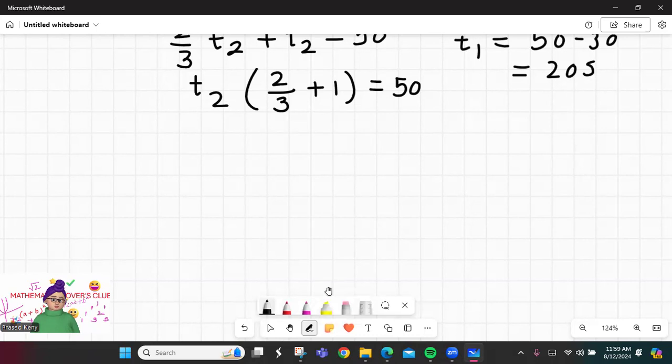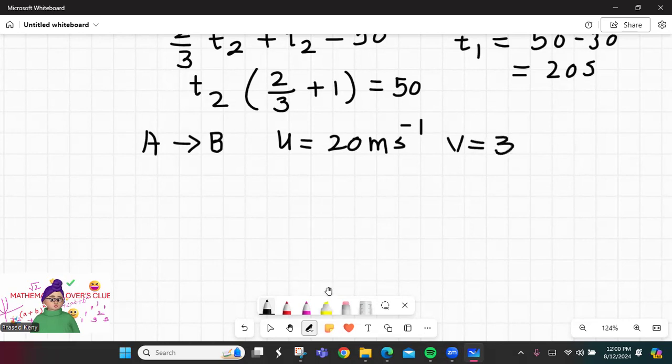Now, for the journey from A to B, we have u is equal to 20 meter per second, v is equal to 30 meter per second, and time t is 20 seconds, we just found.